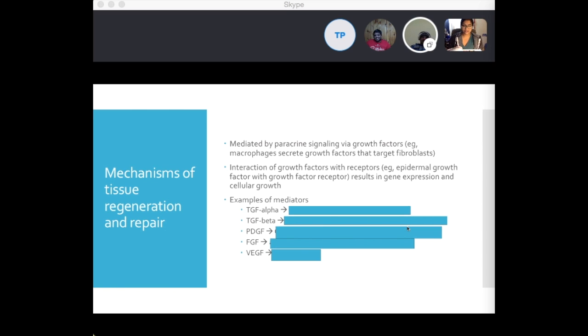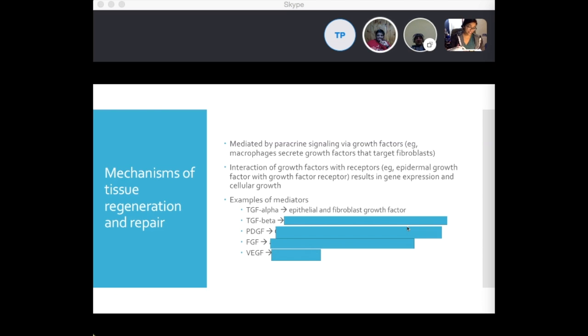I'm looking for growth factors, not interleukins. For example, we see epidermal growth factor. Okay, well, TGF alpha mediates epithelial and fibroblast growth factor. How about TGF beta? Fibrosis.